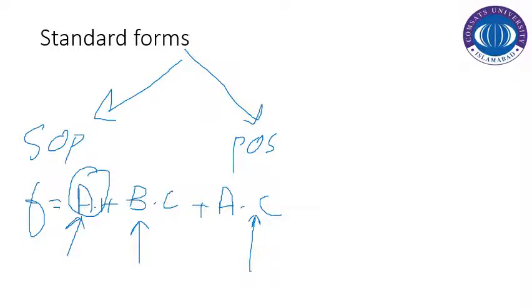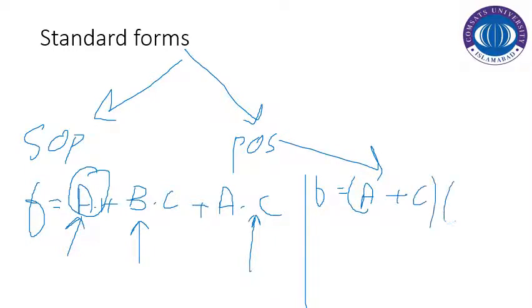Same is the case with product of max terms. For example, in that particular case we've got a function of the same three literals. We've got f equal to a or c multiplied by b or c. So we've got two summation terms. These are not the max terms.